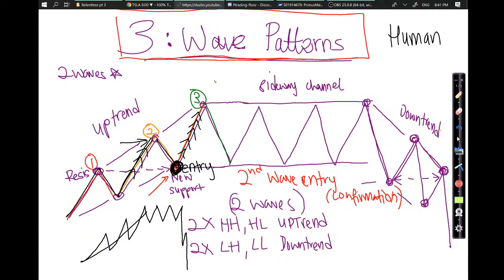Now, if it continues to make an uptrend, what you will see is that this will come down here and then stop and then go up higher, right? It'll continue making higher highs and higher lows. But what if the market does one of these?